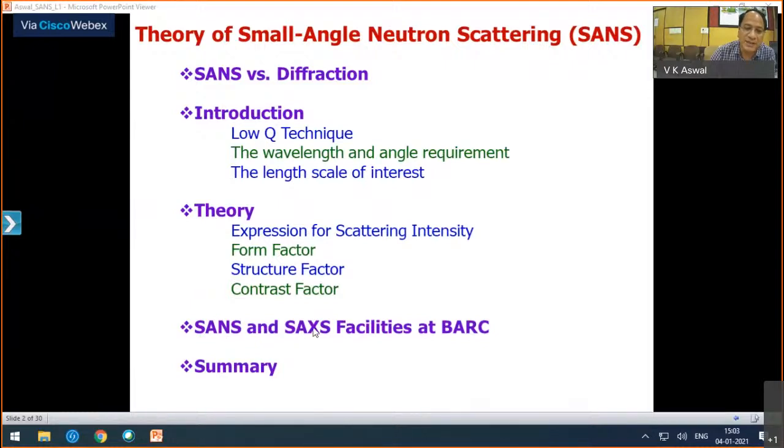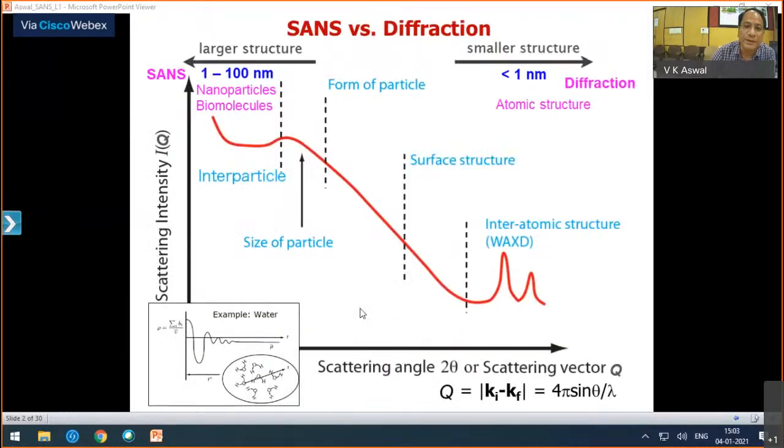So the principles of these two techniques are the same. The only difference comes because of the difference in the interaction of neutron and X-ray with the matter. So this slide shows the comparison of small angle scattering with diffraction experiments. So you already know where you use diffraction, basically to look at atomic structures, length scales which are of the order of 1 nanometer or less than 1 nanometer.